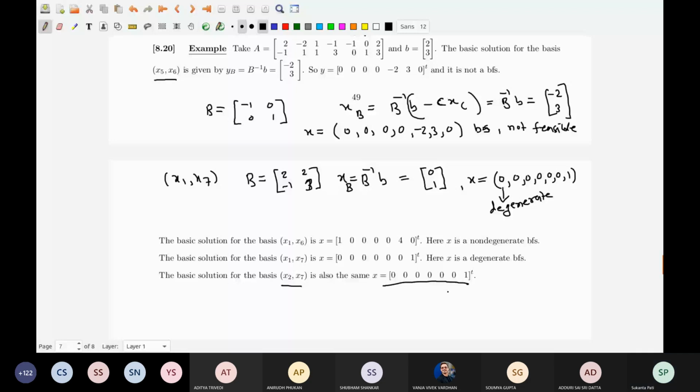Whatever solution you reach by taking the basis x1, x7, by taking another basis I am reaching the same. No problem.